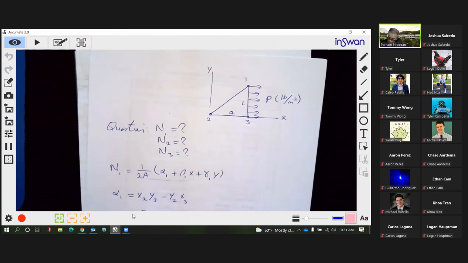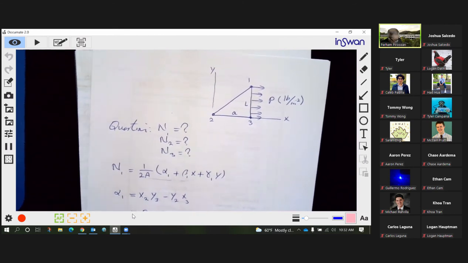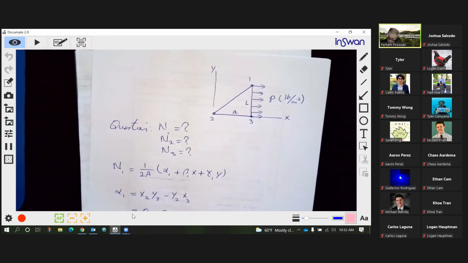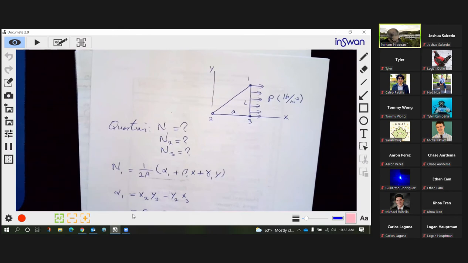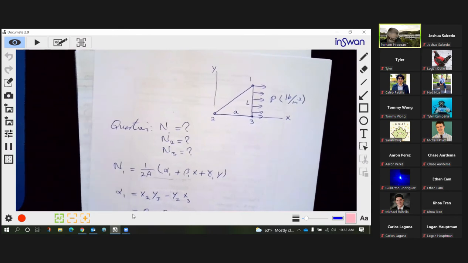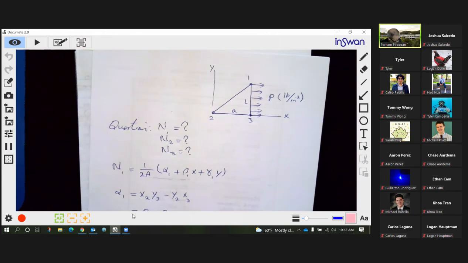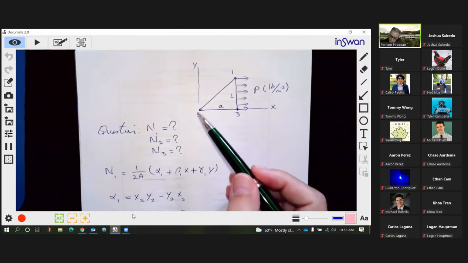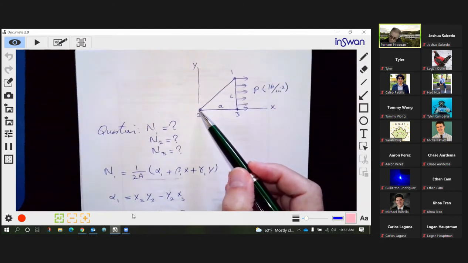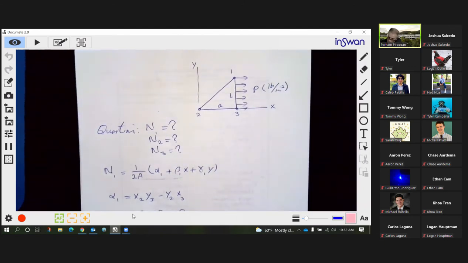Now beta 1. According to our textbook, it says yj minus ym. It is y2 minus y3. What is y2 minus y3? Anyone? y2 is 0 minus y3.